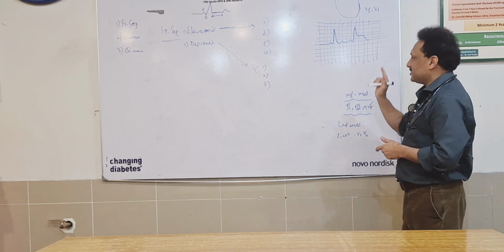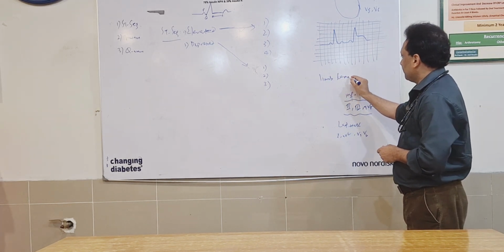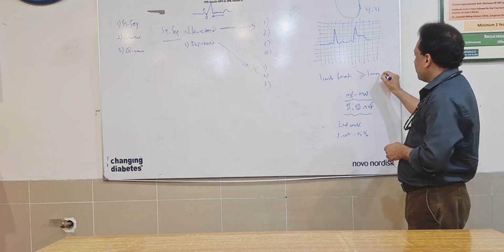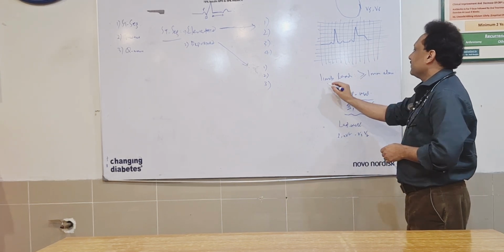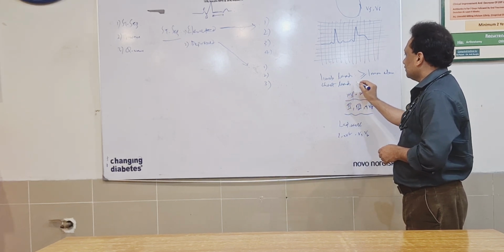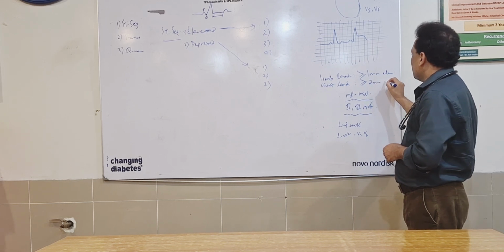So in limb leads, the criteria will be greater than or equal to 1 mm elevation. And talking about the chest leads, the criteria is greater than or equal to 2 mm elevation.